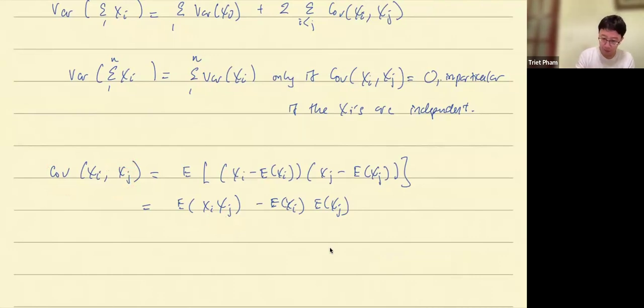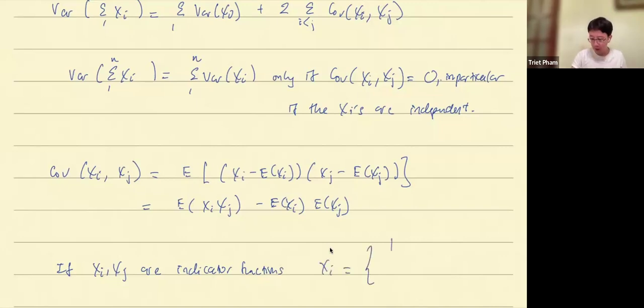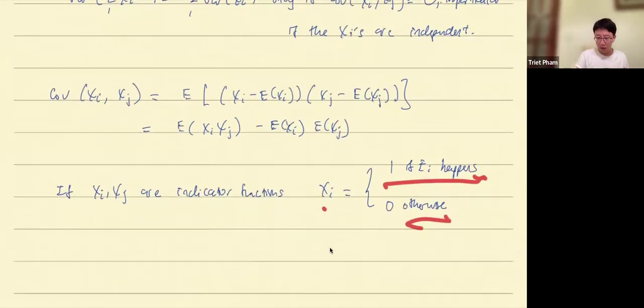However, and this is the case that you will see a lot in this class, especially in chapter 2, and maybe chapter 3 as well, if both xi and xj are indicator functions, in other words, xi equals 1 if some event Ei happens and 0 otherwise, same as xj, xj will be 1 if some event happens and 0 otherwise, then xi xj represents 1.